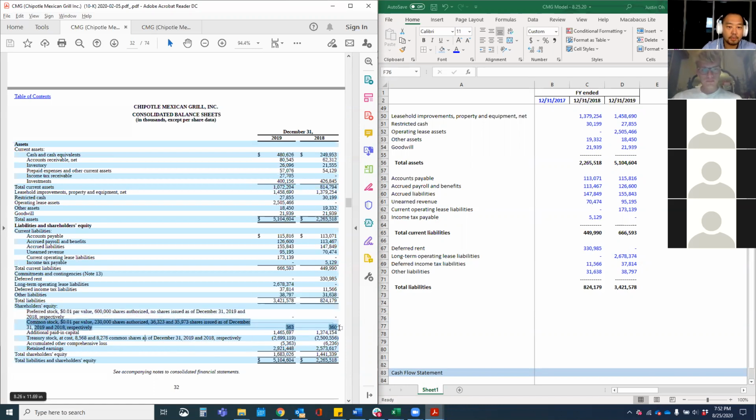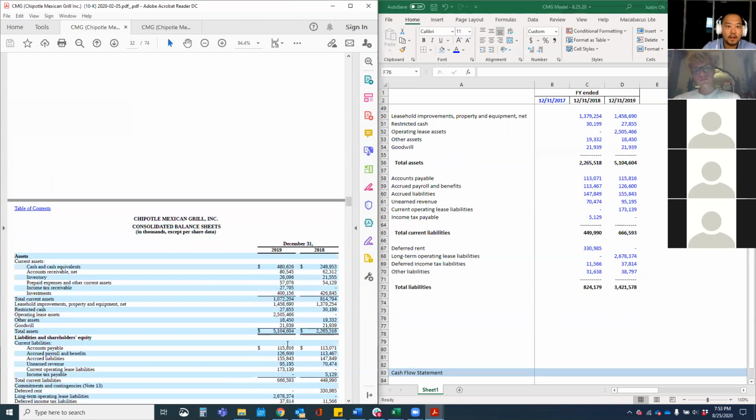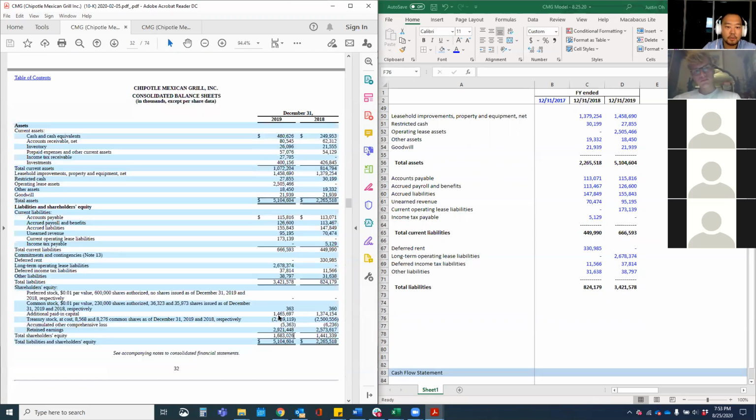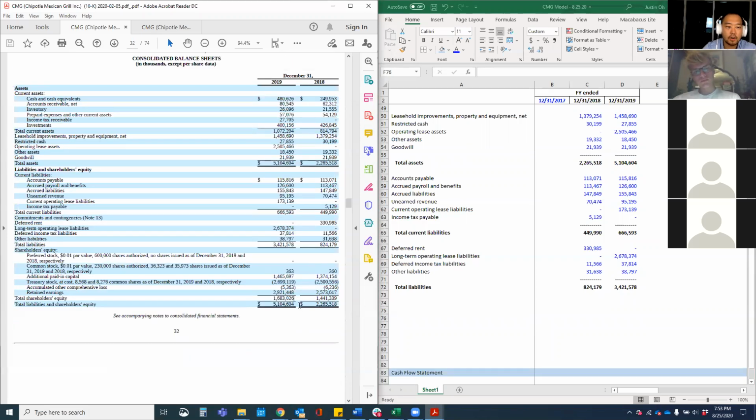A lot of these are like book value of equity, right? Paid in capital generally is capital raised for the business, kind of on the front end. And then retained earnings are any excess net income you have goes into retained earnings.